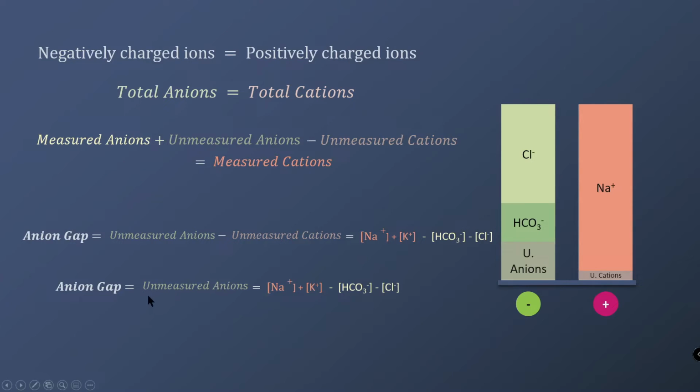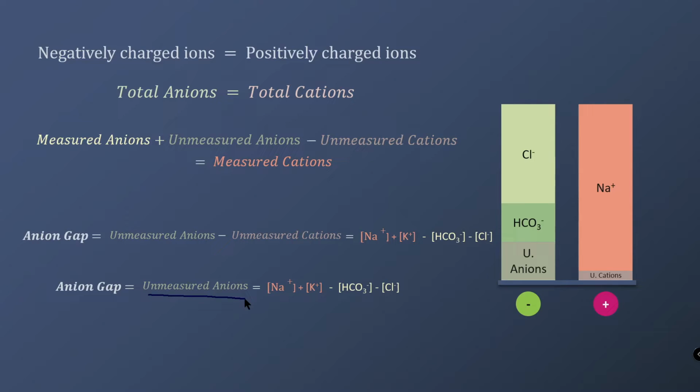The other definition which some other authors mention is that anion gap is a mathematical calculation of unmeasured anions in our plasma, right? Because they are ignoring the unmeasured cations, they simply say that anion gap is a mathematical calculation of unmeasured anions in our plasma, right?